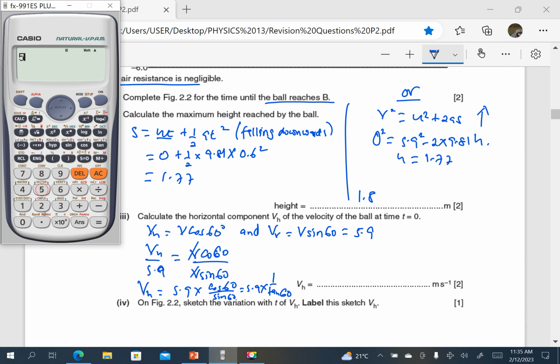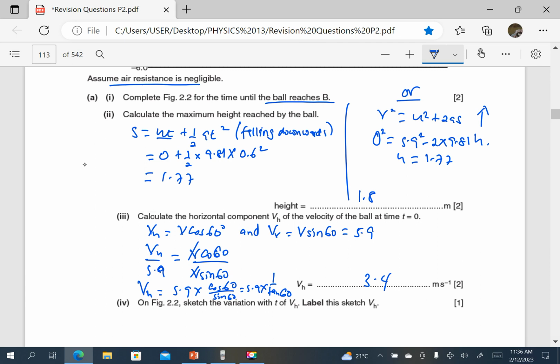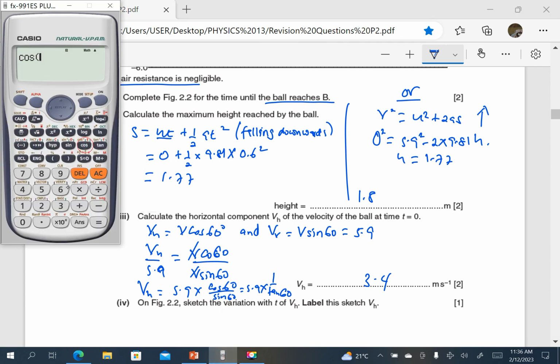So it can be 5.9 divided by tan of 60, which is 3.4. Or you can simply say cos 60 divided by sin 60 times 5.9, which gives you the same answer.